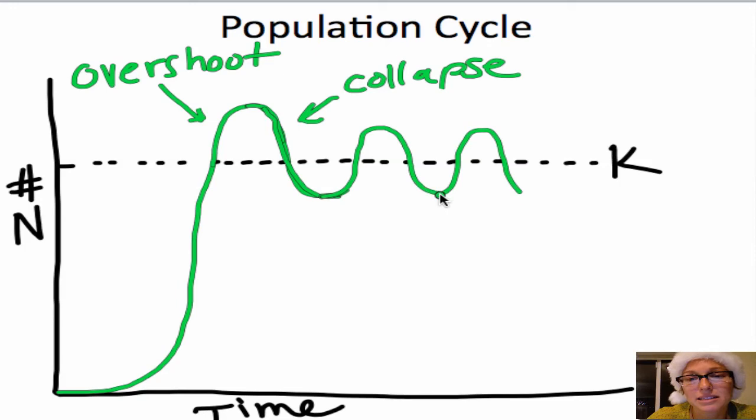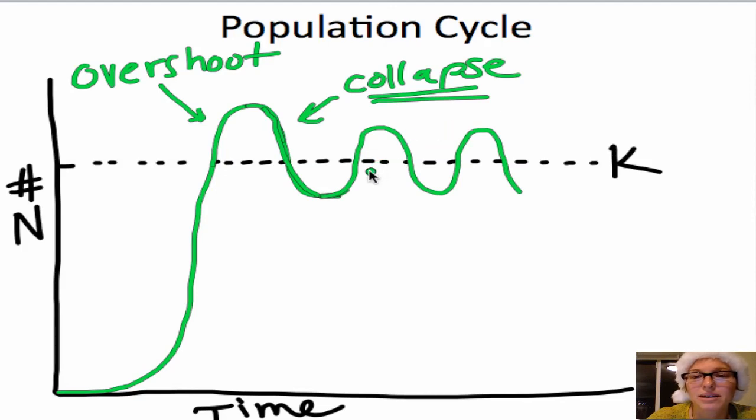Since it takes a little bit of time for resources to replenish, we have a little time where we're below the carrying capacity, and when those resources do replenish, our population grows. I don't know about you, but this doesn't seem ideal. I don't really like the idea of this collapse happening often. I don't like the idea of mass amounts of humans dying, such as what happened in the Bengal famine.